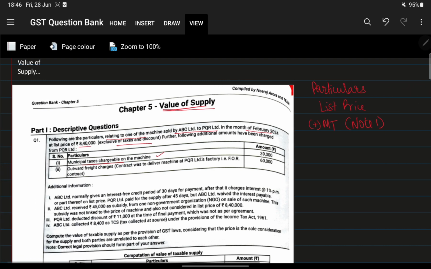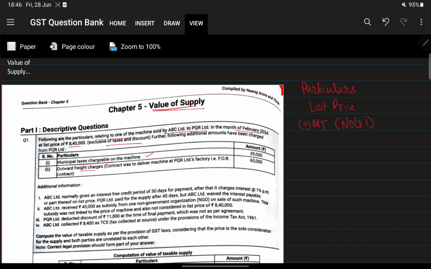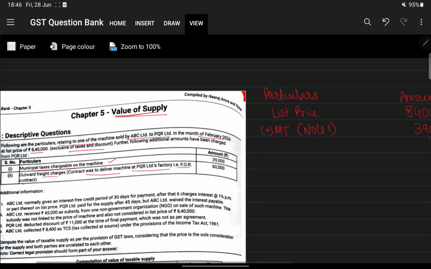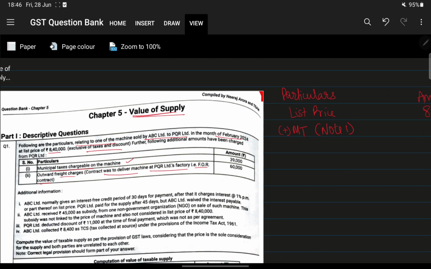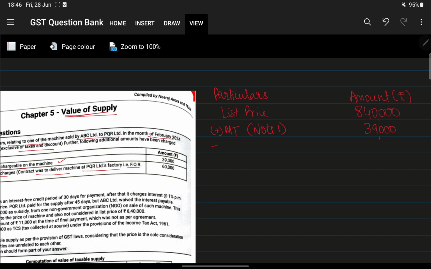Okay, next, outward freight charges. Contract was to deliver machine at PQR Limited's factory, FOR contract. Right. So that is outward freight charges, right? So that will also be includable in the value of supply, through which section?